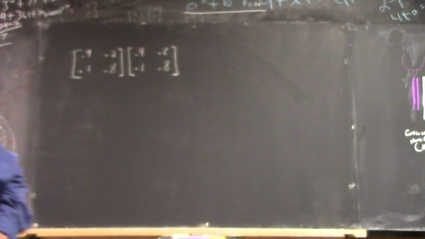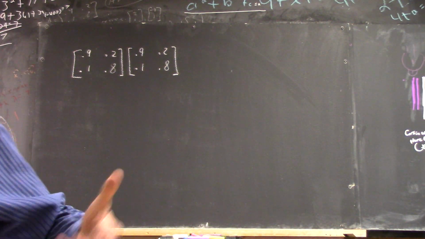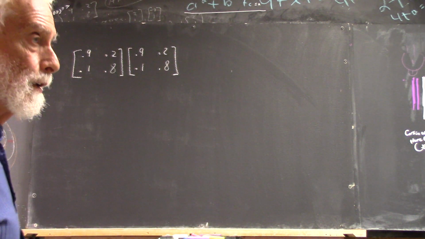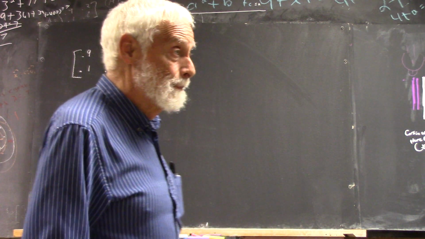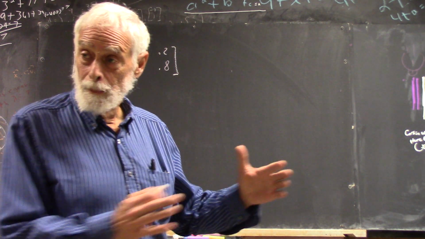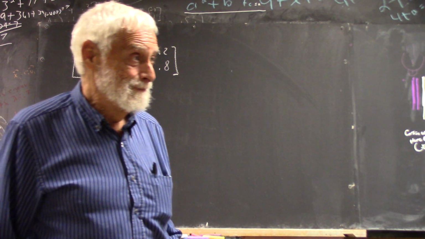Okay? Now, what do you think the scheme's going to be to multiply a matrix by itself? We know how to multiply now a matrix by a column, right?